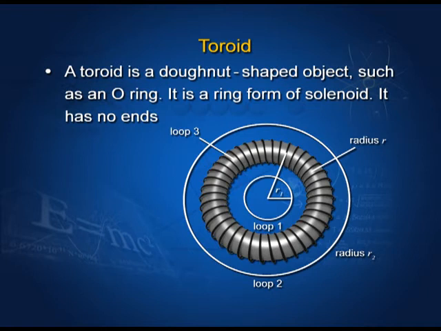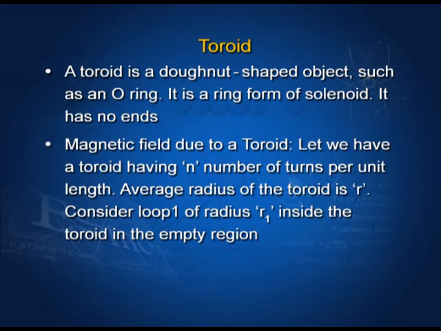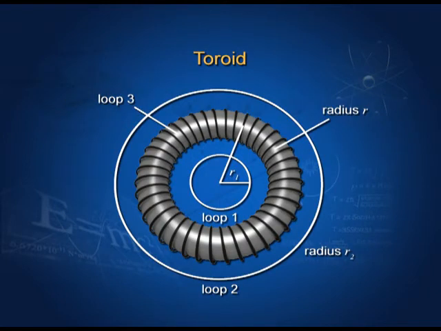It has no ends. If we have to calculate the magnetic field due to a toroid, we can obtain its value using Ampere's circuital law. Let the toroid have n number of turns per unit length. The average radius of the toroid is small r. In order to calculate the magnetic field, we consider three loops.